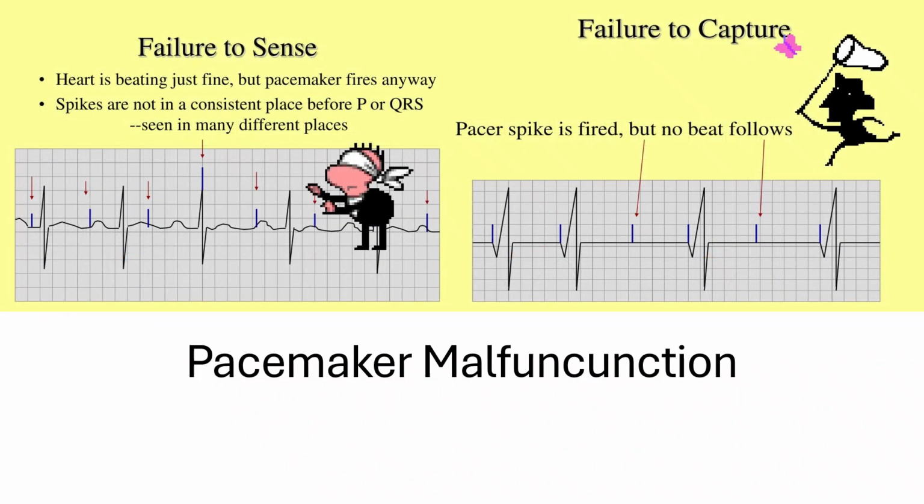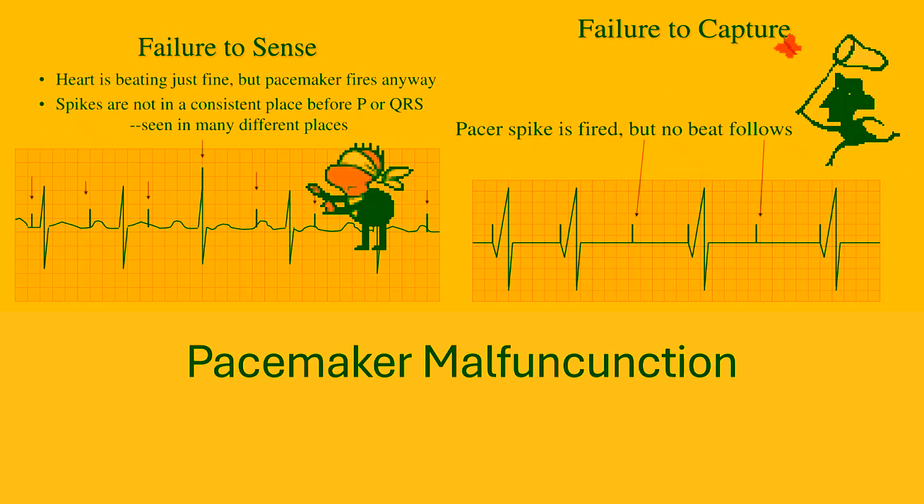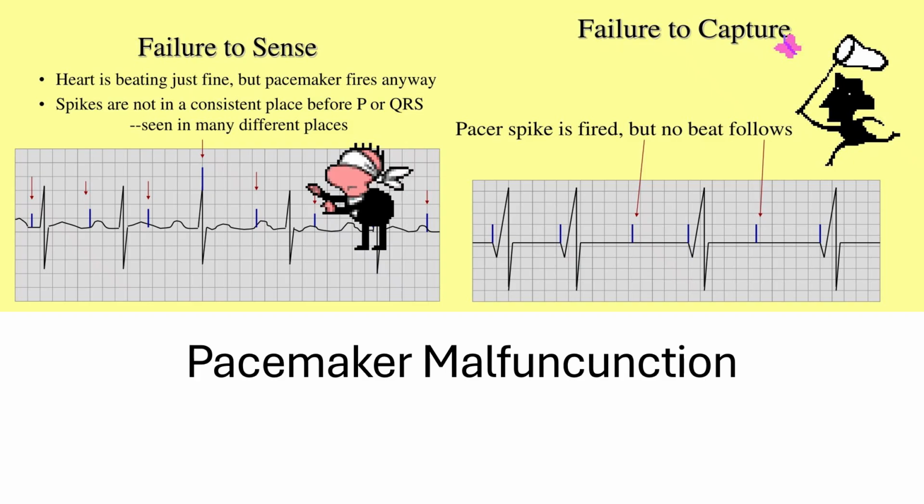Two common problems or complications that can arise with pacemakers are going to be failure to sense and failure to capture. With failure to sense, the heart is beating properly, but the pacemaker is not sensing that, and it is continuing to fire when it is not needed.